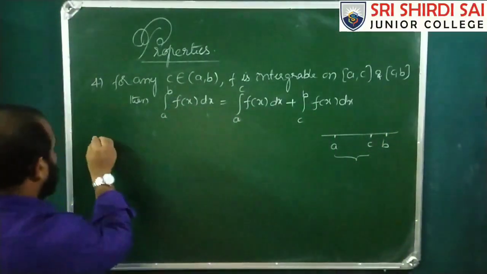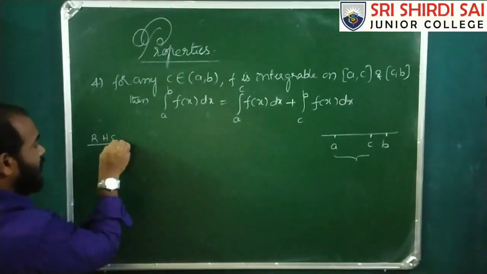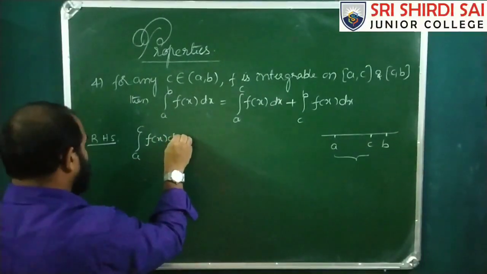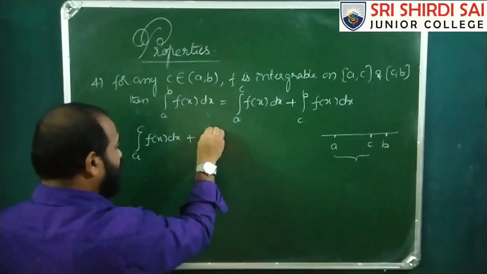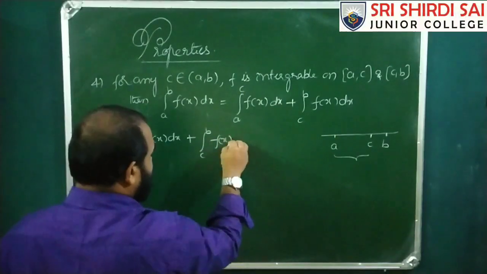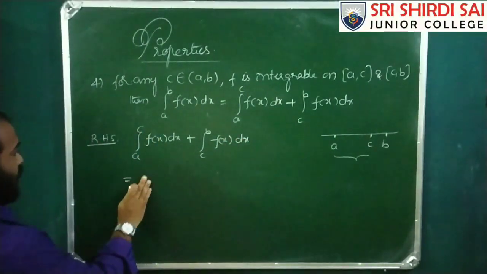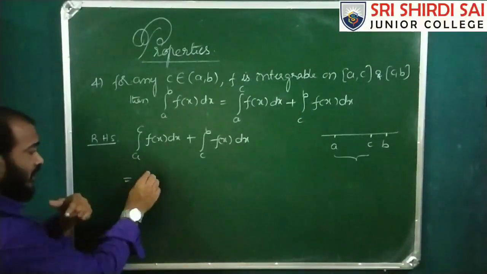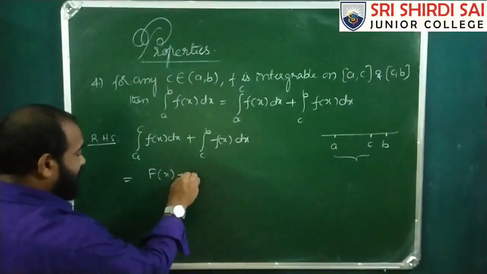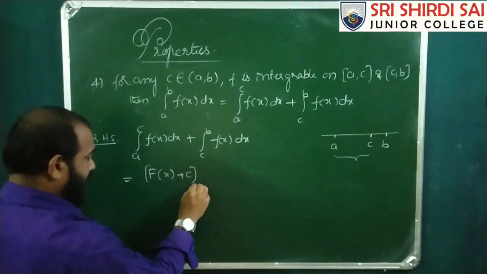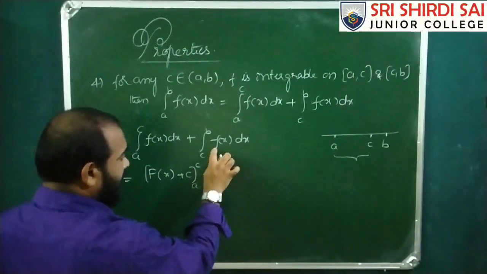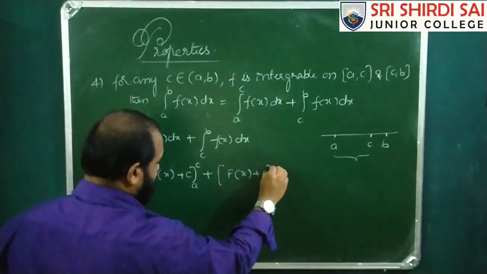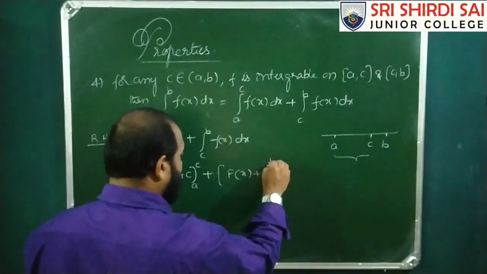So the RHS, if I take integral a to c f of x dx plus integral c to b f of x dx, this is equal to integral a to c f of x dx. What is integral f of x dx? Capital F of x plus c, from a to c, plus here integral f of x dx is capital F of x plus c, here c to b.